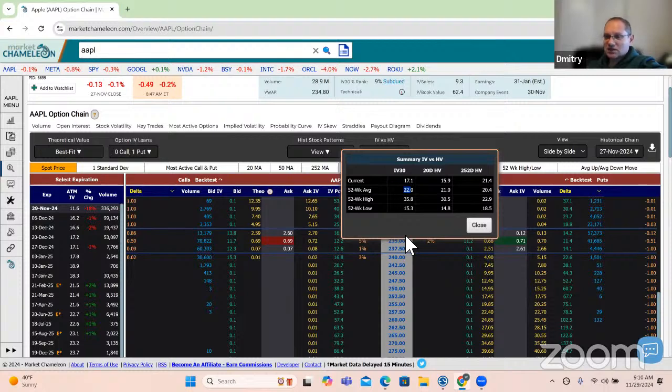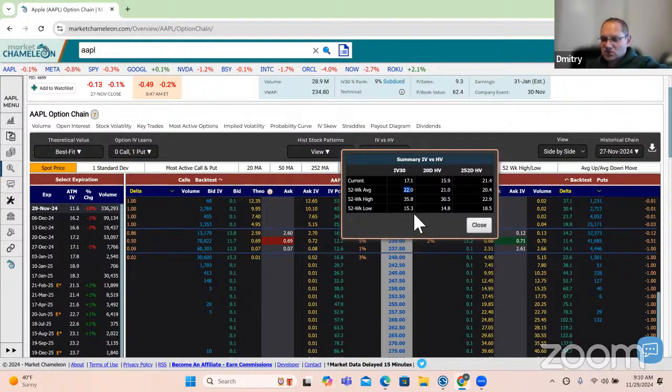This would be an end of day observation, and compare that to the current level. And then we'll take the highest observation compared to that level. This gives us a sense of where that implied volatility is on a relative basis. Are we on the high end, low end? Are we near the average? Are we in the middle somewhere?